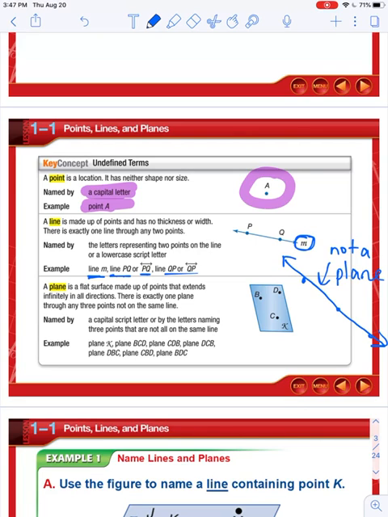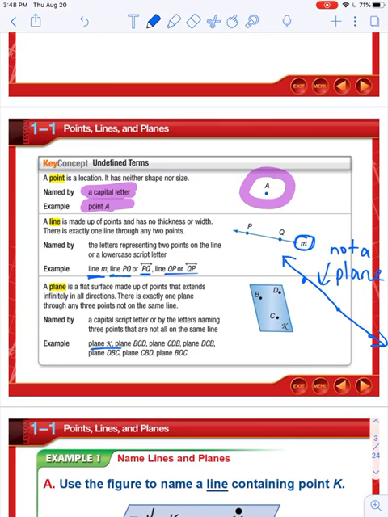To name a plane, you can name it by a capital script letter with the word plane in front of it, or by the 3 letters naming the points that are on the plane but not on the same line. So in this case, we can name it plane K. You could also name it plane BCD or plane CDB plus 4 other different versions.